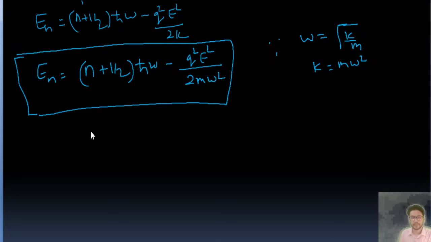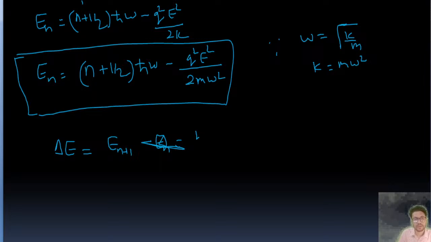Next is delta E. So En is this, and delta E is En plus 1 minus En, which we can see is h cut omega.